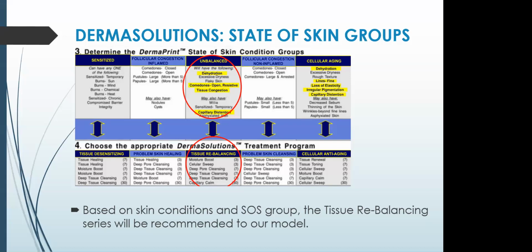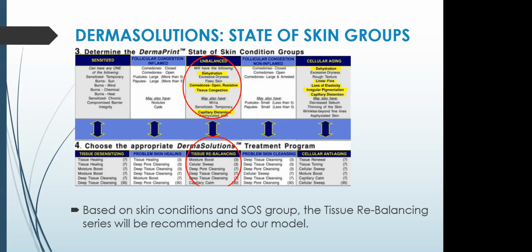The next treatment is going to be the cellular sweep. 3 days after that, they're going to come back in for the deep pore cleanse. 7 days after that, they're going to come back to receive a deep tissue cleansing. 7 days after that, they'll come back for a deep tissue cleansing again. And then 7 days after that, they'll come back for their capillary calm. And now they can come back once a month for maintenance because they've completed their series of 6.